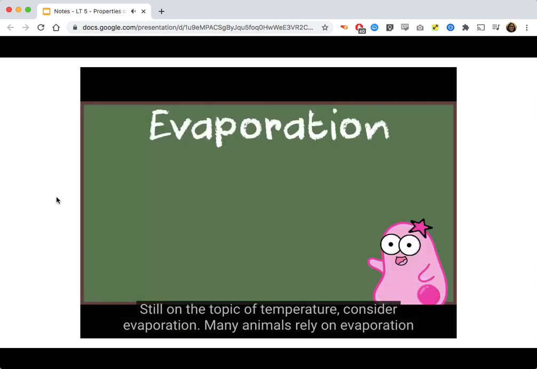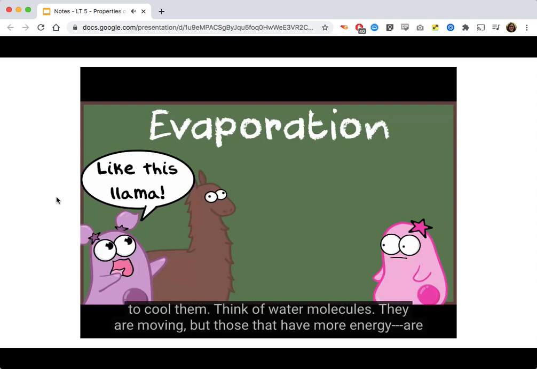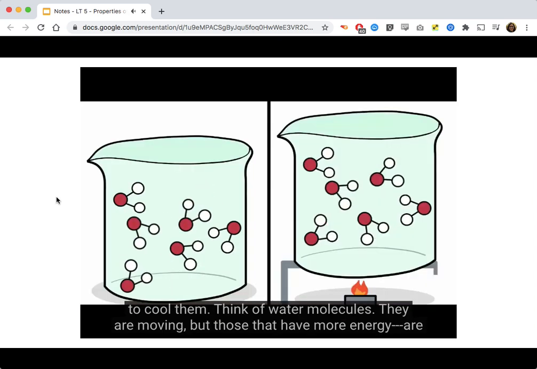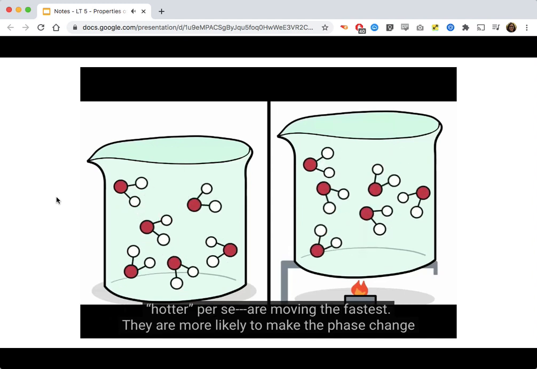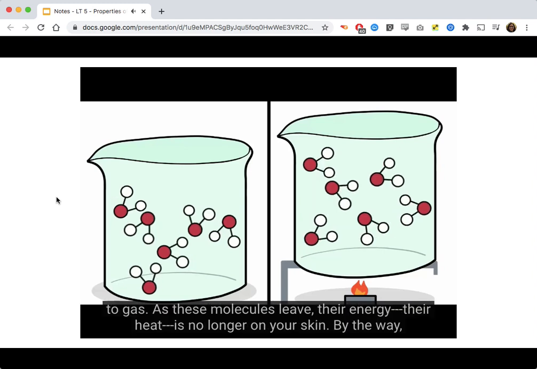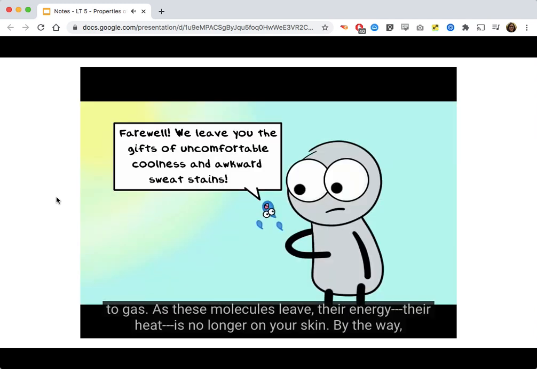Now, still on the topic of temperature, consider evaporation. Many animals rely on evaporation to cool them. Think of water molecules. They are moving, but those that have more heat energy are moving the fastest, and they're the more likely molecules to make the phase change to gas. And these molecules, as they leave, their energy, their heat, is no longer on your skin.